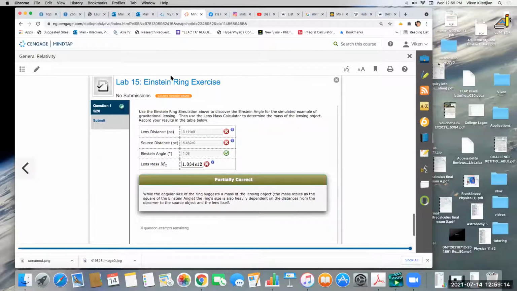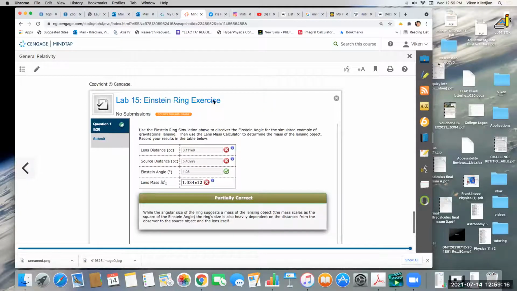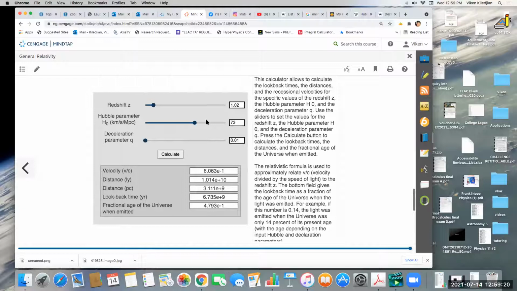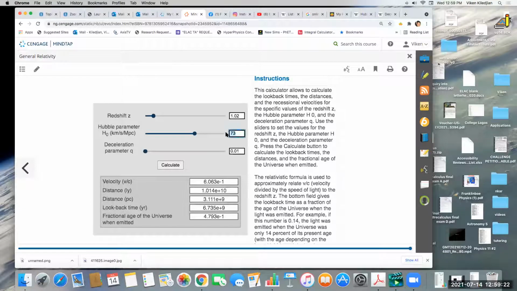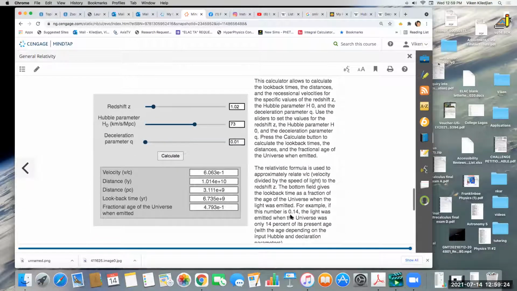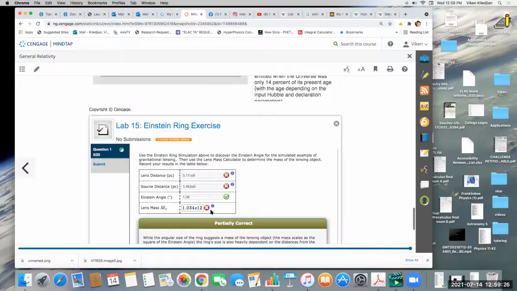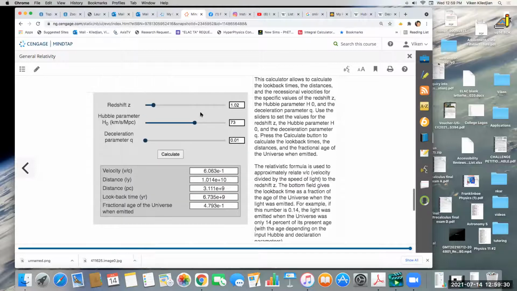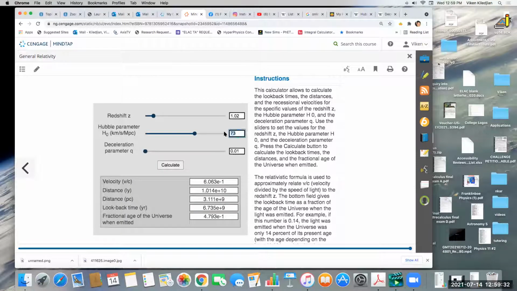So take a picture of this. Of course, take a picture of the one that it gave you, depending on which Hubble constant. In other words, whichever one you want to show, show the snapshot that you took for that one. So if it was 73, then show that one.